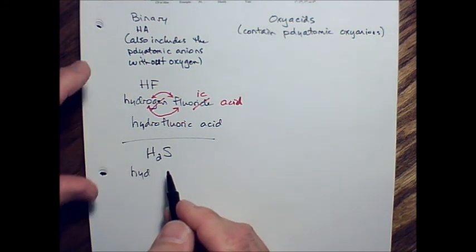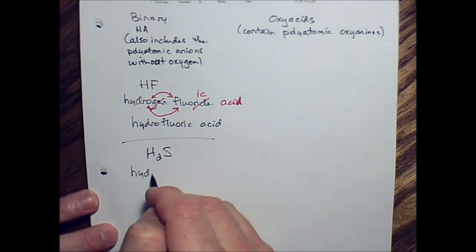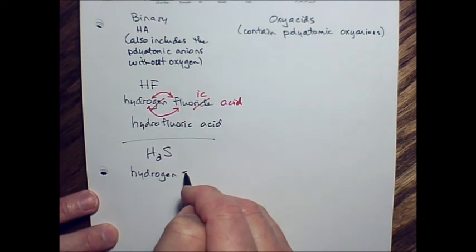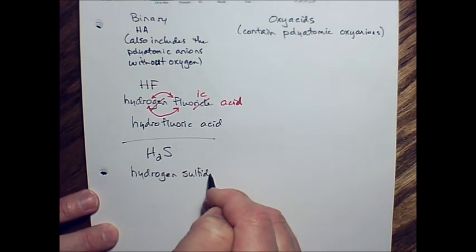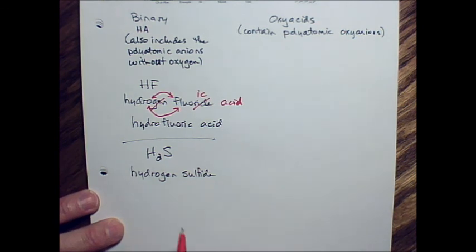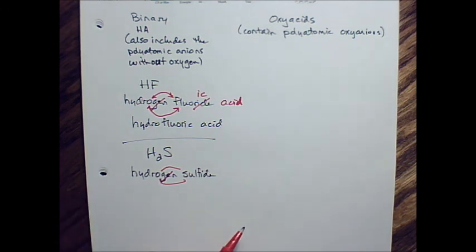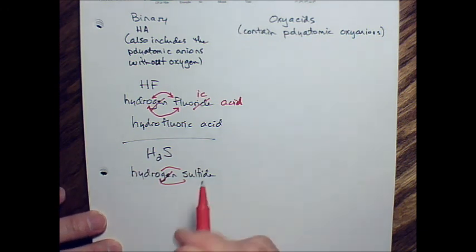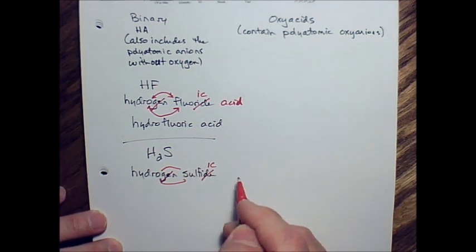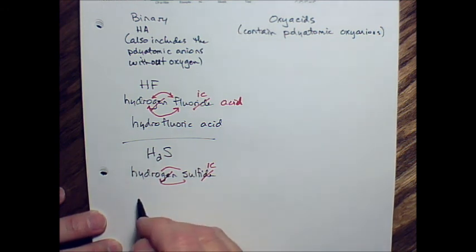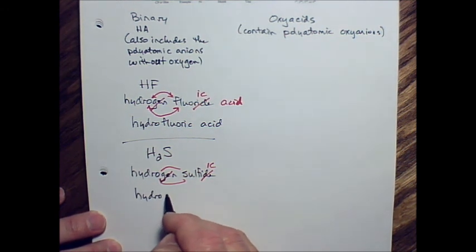We're naming these like ionic compounds first. Hydrogen sulfide. Okay. That's going to be hydrosulfide. Now with sulfur and phosphorus, we put that "ur" back on there. It sounds a little better. Hydrosulfuric. Okay. So hydrosulfuric acid.